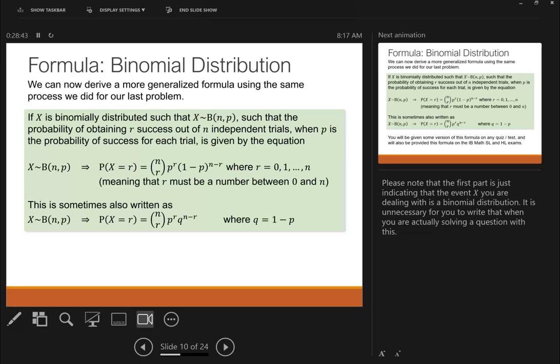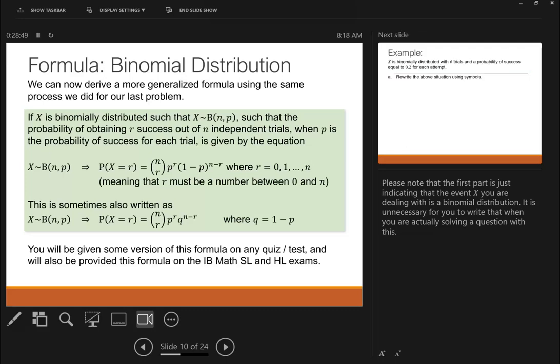In some places we'll abbreviate 1 minus p with a q. Good news is this formula will be given to you on any kind of assessment you take, whether in class or from the IB. You do not need to memorize this. Everybody still doing good? Okay.